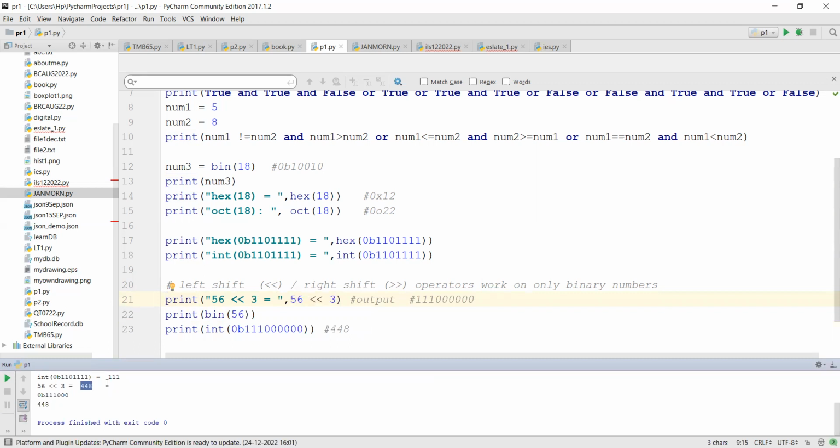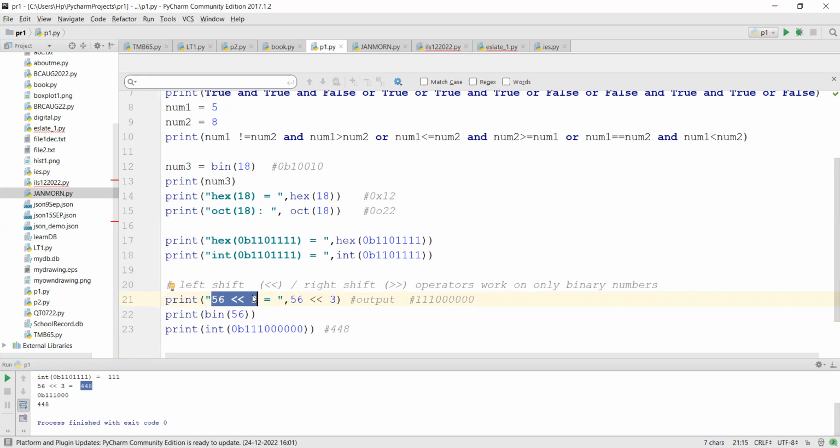Now why 448? In the decimal system, which has 10 digits, 0 to 9, by putting a 0, your number is getting multiplied by 10. When you have binary with 2 digits, putting a 0 will multiply by 2. So 56 left shift 1 will give you what? 56 into 2. 56 left shift 1 will shift 1 time, so your number will get doubled.